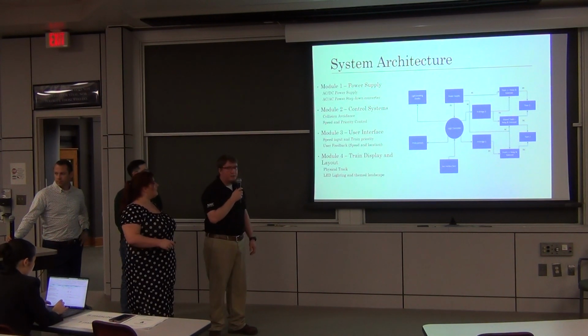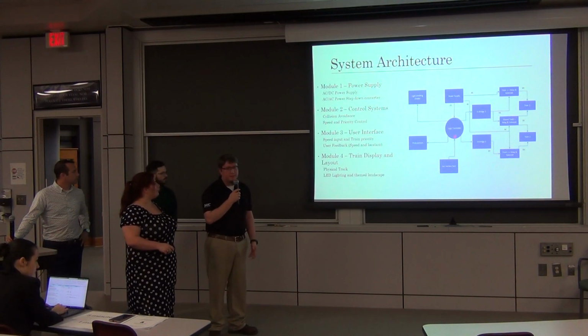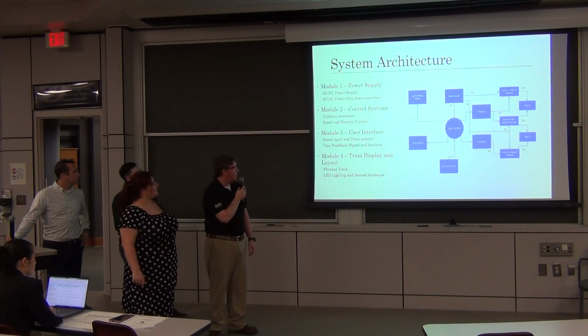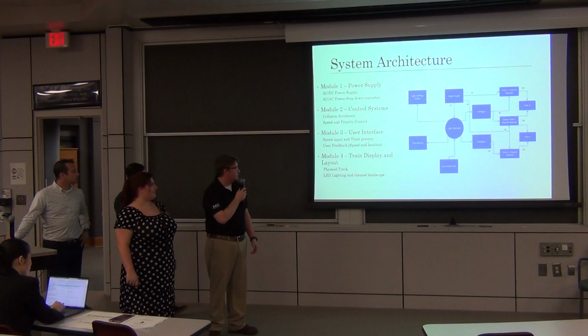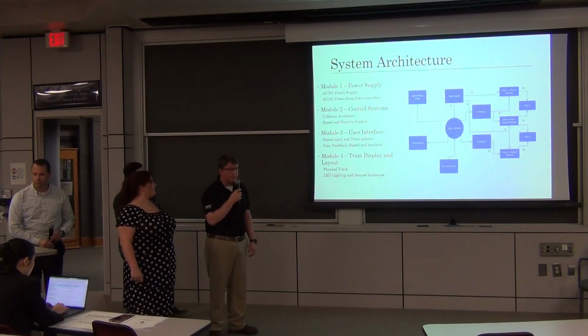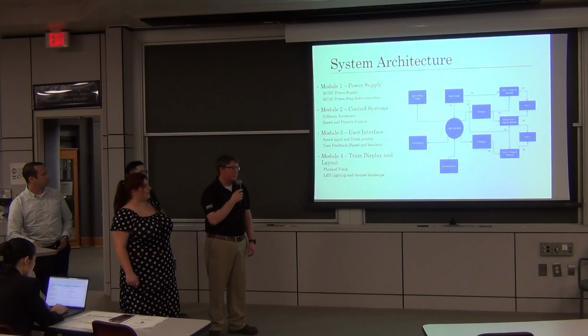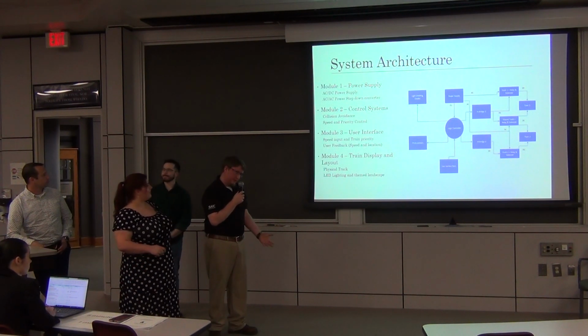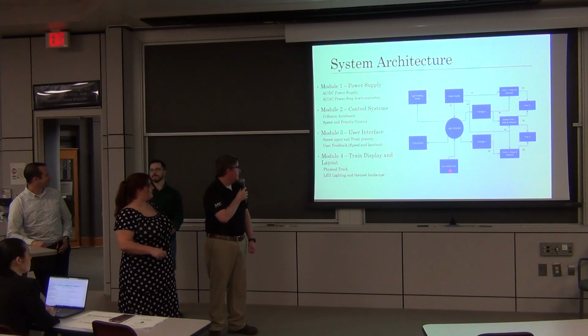Next, we have the second module, which is the brains of the project, the control system. As you see here, that essentially has interactions between the photosensors, the LEDs, and the position and PWM, which is located on the next module, the UI. And of course, the next module is the user interface.